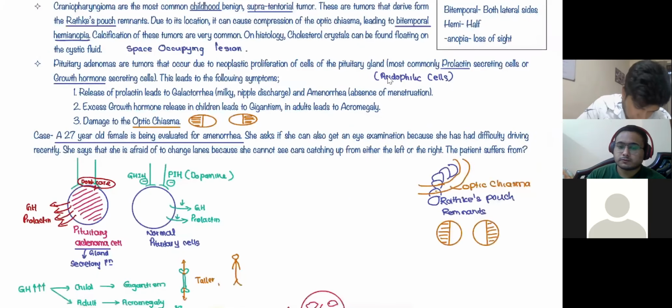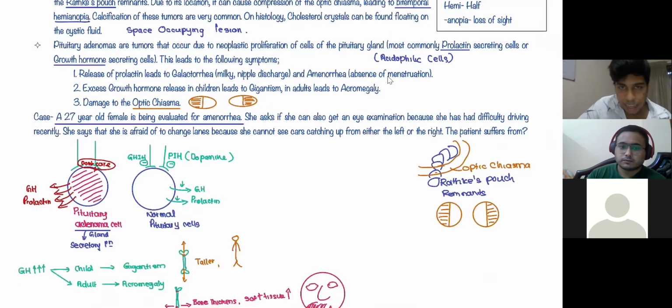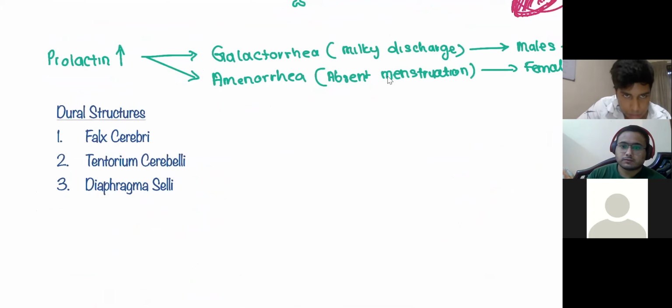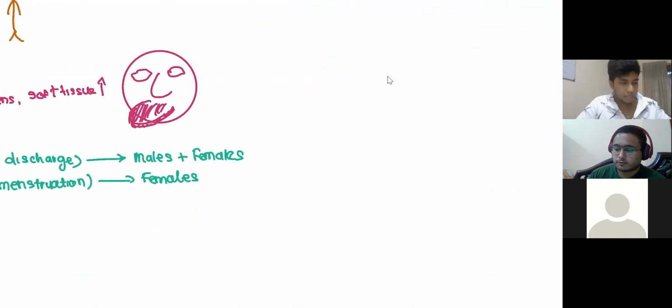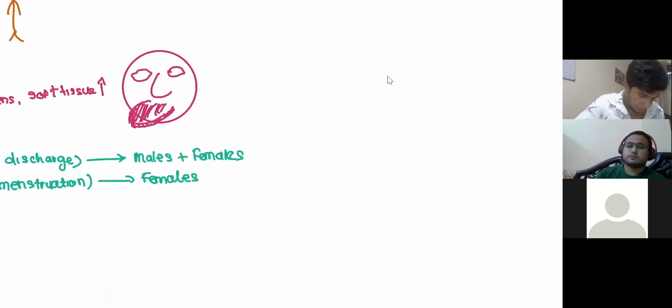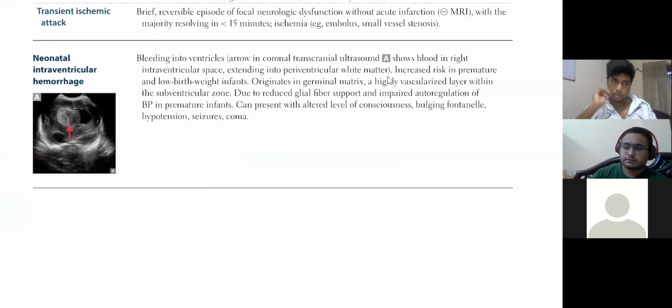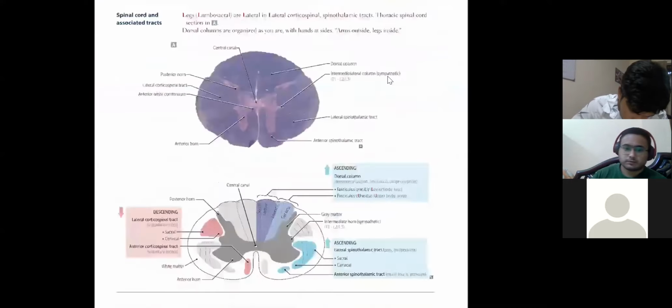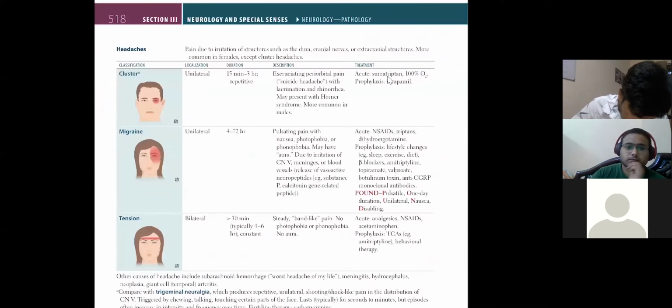Now I will talk about structures called the falx cerebri, tentorium cerebelli, and diaphragma sellae. If you haven't heard of these, let me send an image. There's a very good image here, of herniation syndrome.